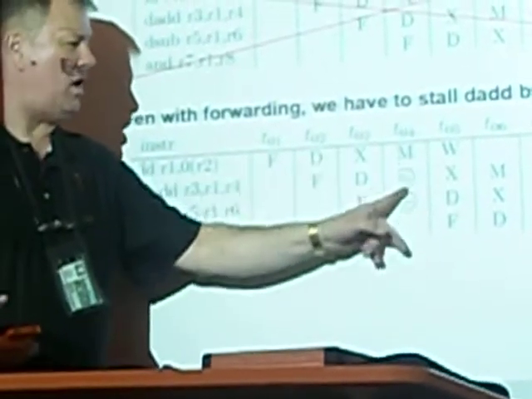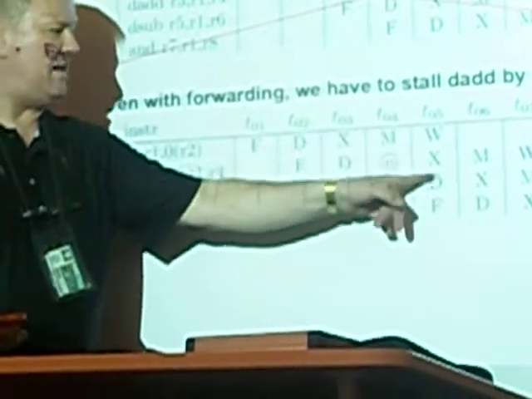But when did he need it? He needed it in clock cycle 4, but it wasn't available until clock cycle 5. There's no way around that by using forwarding.